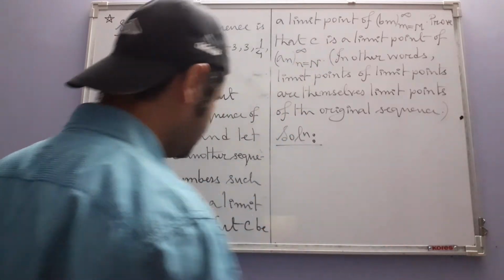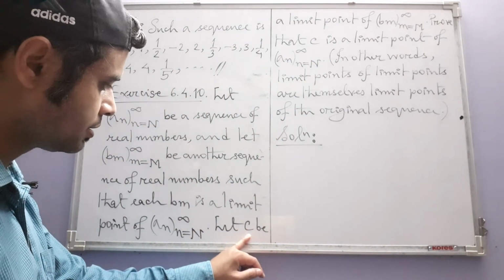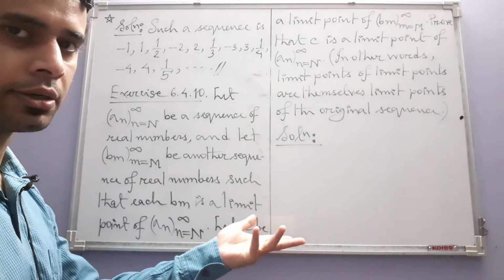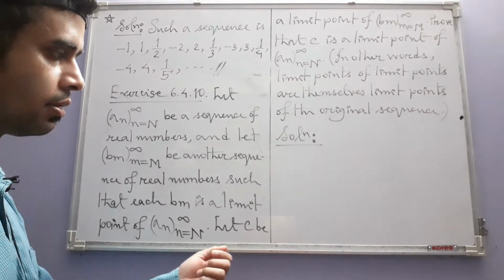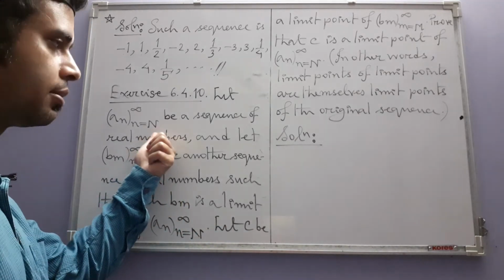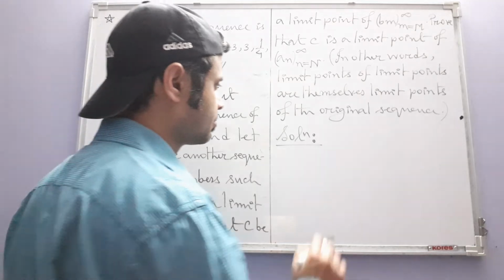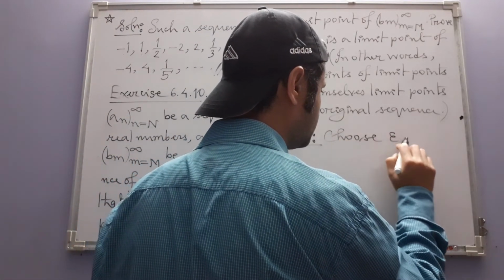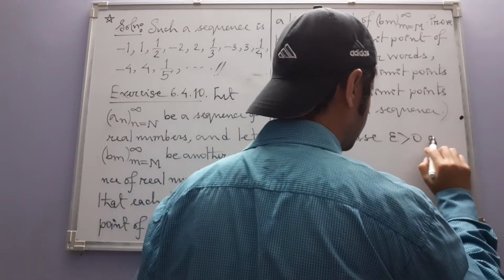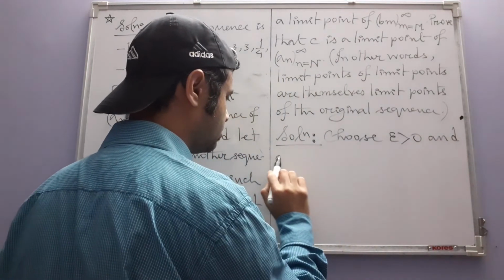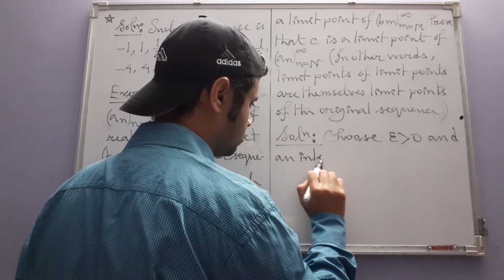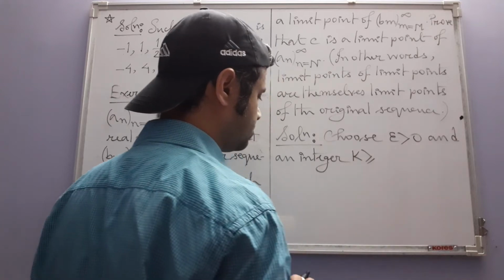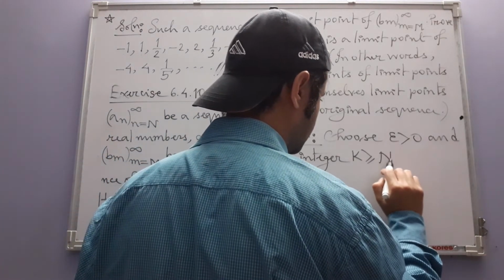So what is it we have to prove here? We have to prove that C is a limit point of an. So we start by choosing an epsilon greater than 0 and an integer k greater than or equal to n.